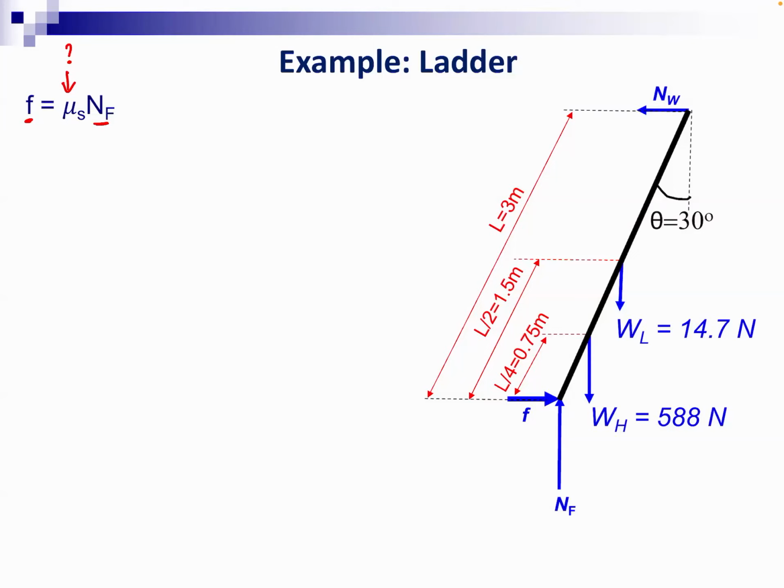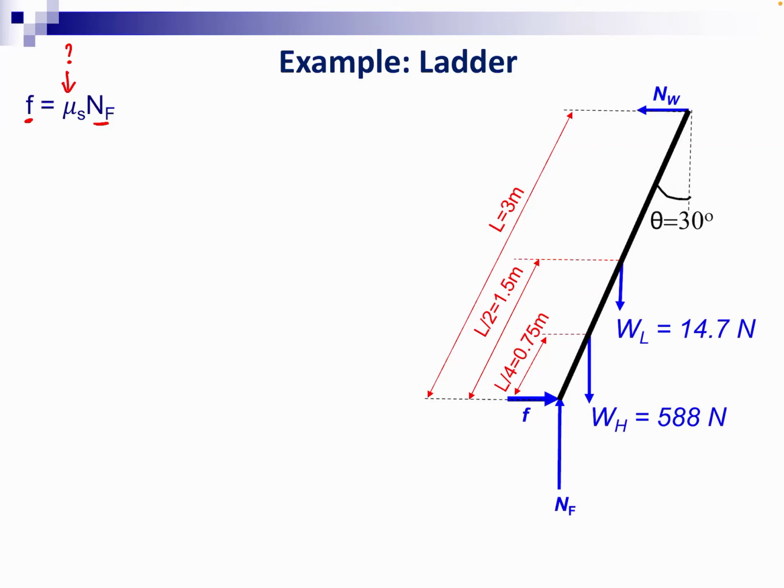Looking at your free body diagram, is it possible to determine either friction or NF without doing balancing of torques? Yes. If you look, NF is pointing upwards, WL, WF are pointing downwards. When you're doing net forces, you separate horizontal and vertical forces.